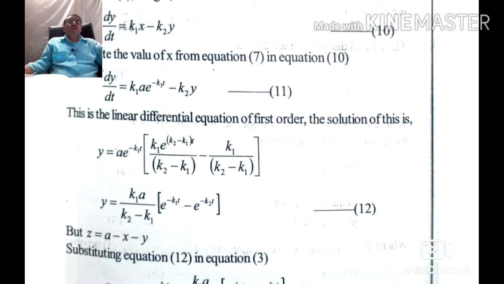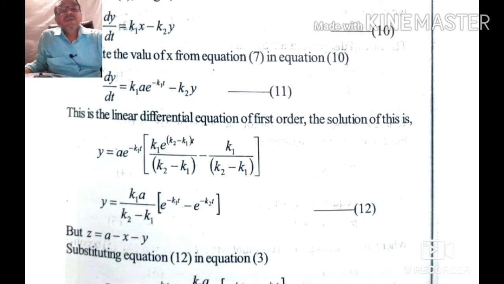So y is equal to k1 a upon k2 minus k1, into e to the power minus k1t minus e to the power minus k2t. This is equation number 12.